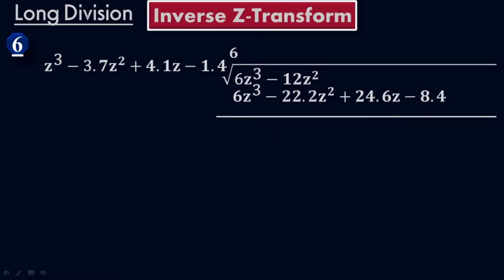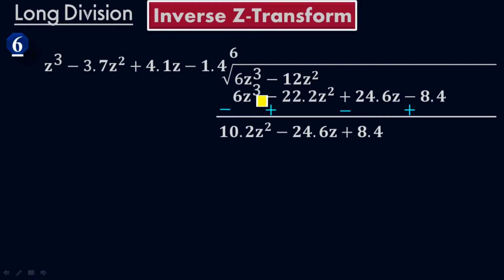Then apply the alternate signs. According to the long division method, positive becomes negative, negative becomes positive, positive becomes negative, negative becomes positive. Whatever sign you have, you just take the opposite of it. Now I have negative z cubed and positive z cubed, so the negative z cubed cancels with the positive z cubed. For the rest of the terms, I have 10.2z squared minus 24.6z plus 8.4.